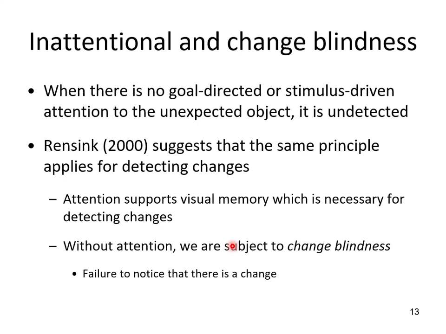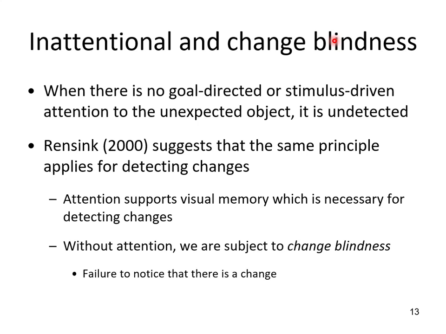There is one thing that is different between inattentional blindness and change blindness. In inattentional blindness, it is about whether you can see the object. But in change blindness, it is about whether you can detect the change. What is needed to detect a change? In addition to attention, what is needed to detect a change?